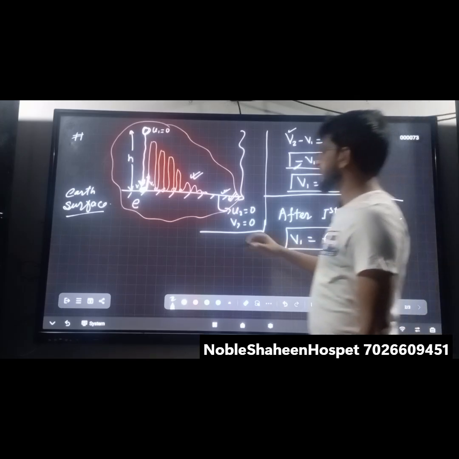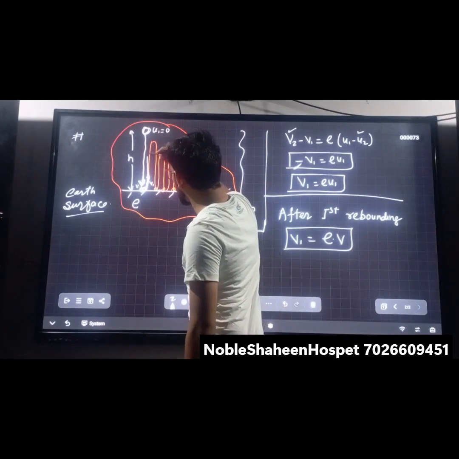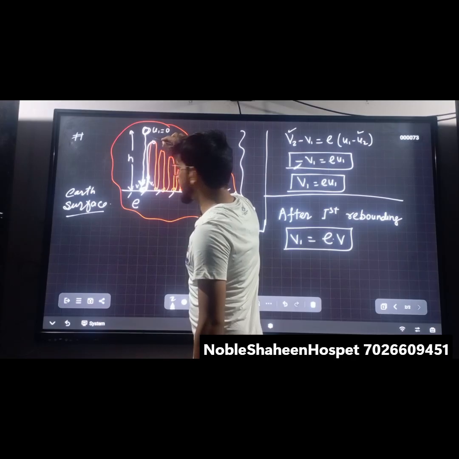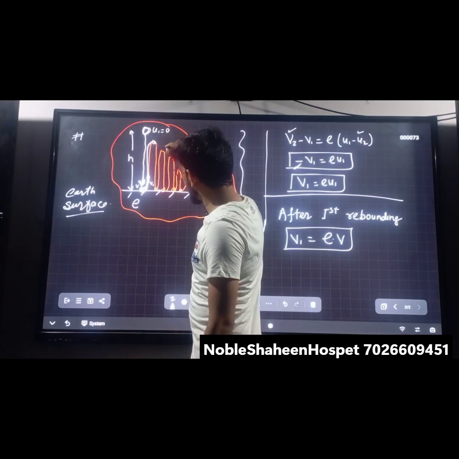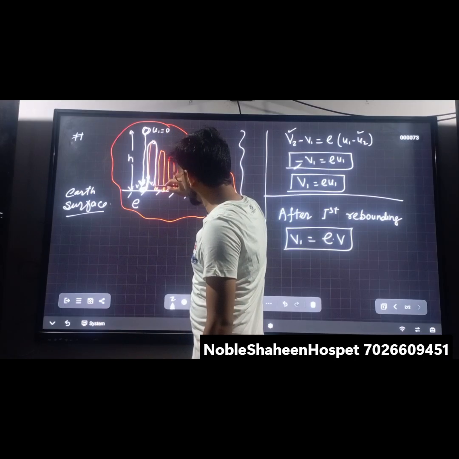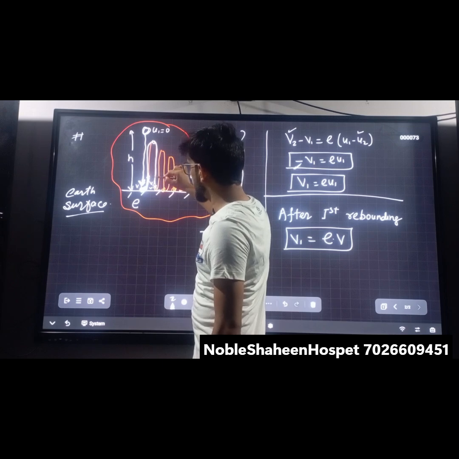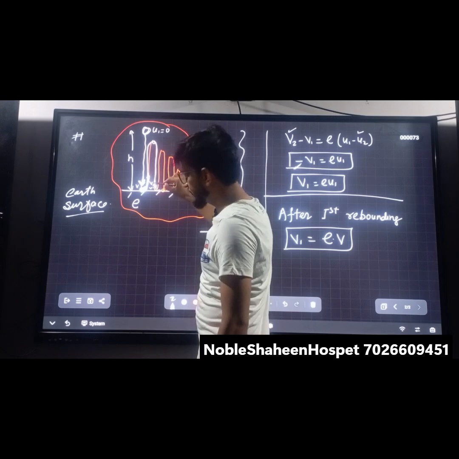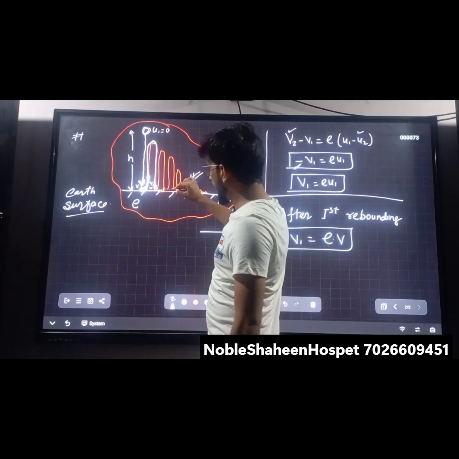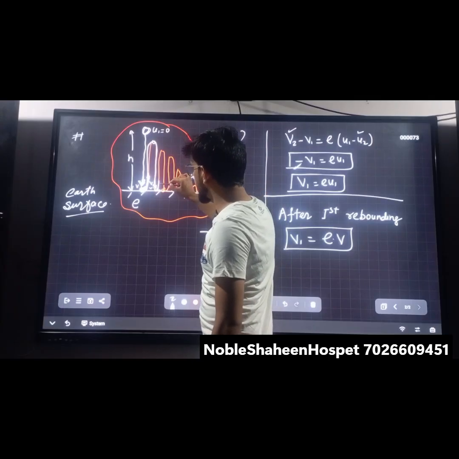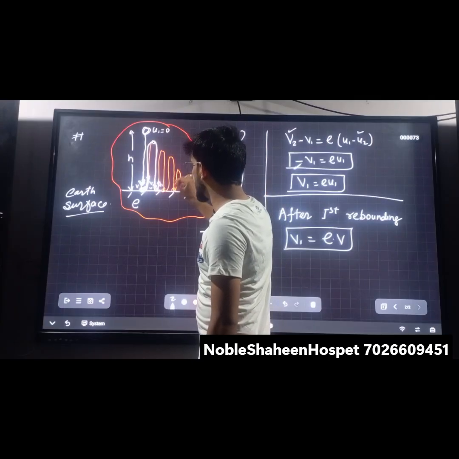Similarly, for the next collision, this ball will go up, attain its maximum height, and again come back. When it comes back to the surface, its velocity will be again v1, and when it rebounds with the second collision, its final velocity, let's say, is v2.